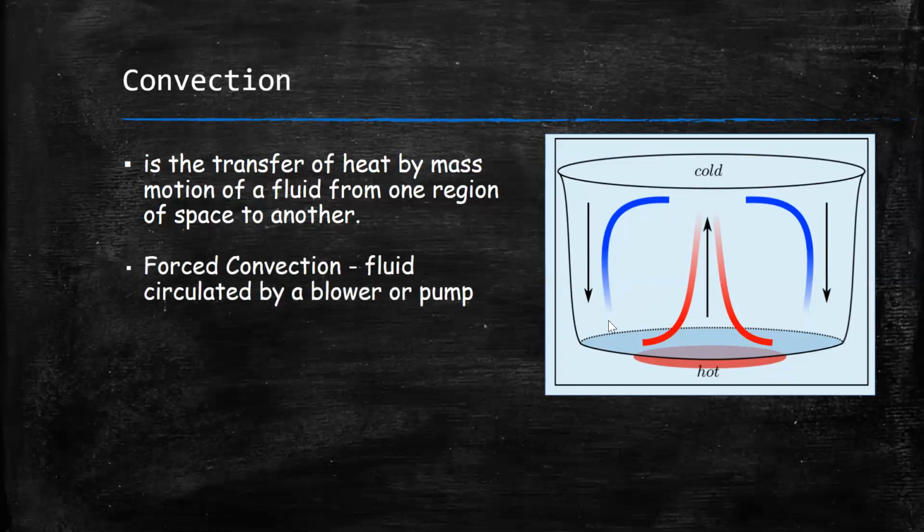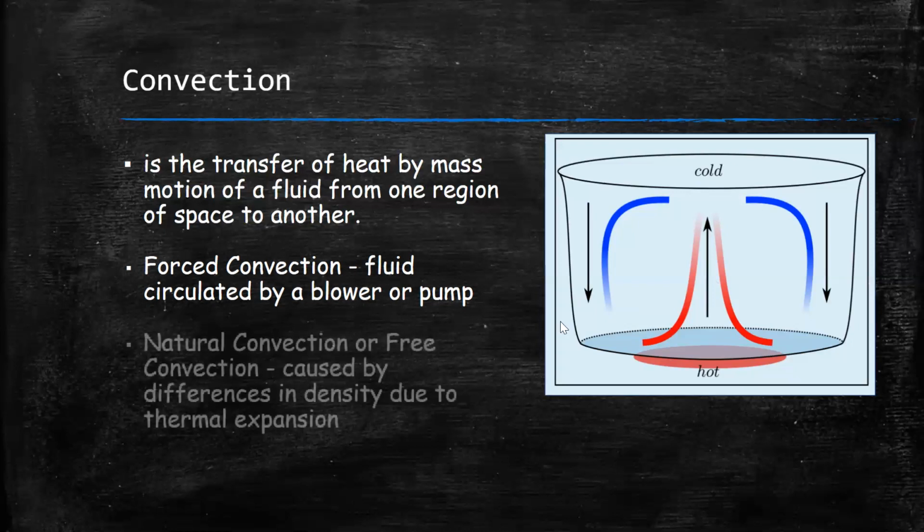We have the so-called forced convection, wherein the fluid circulation is influenced or caused by a blower or pump. Another type of convection is natural convection or free convection, which is caused by the difference in density due to thermal expansion, as illustrated in this boiling water.